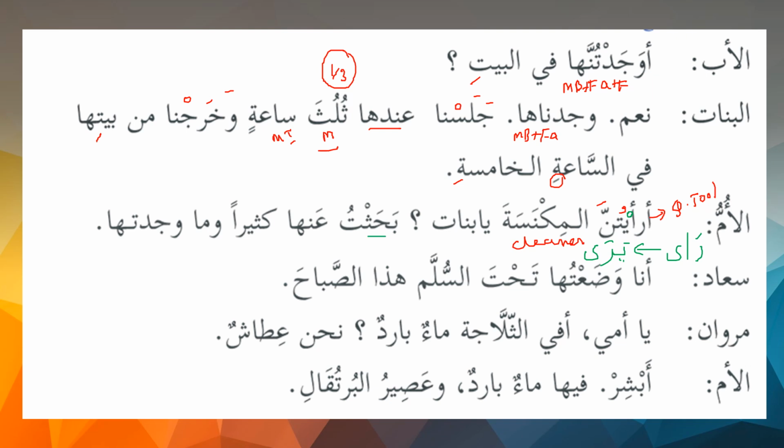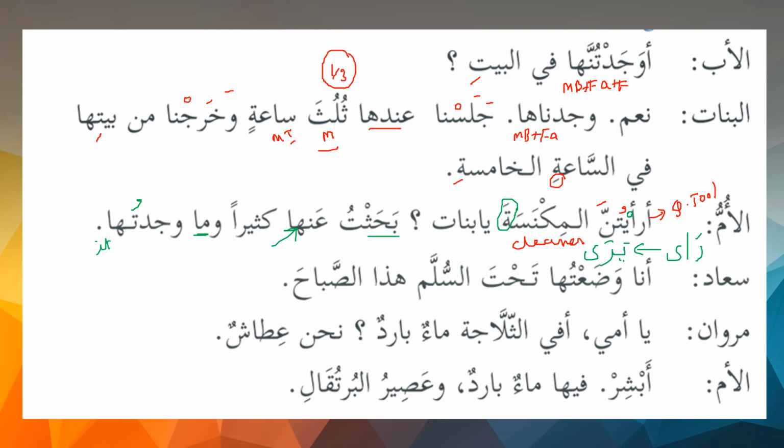Bahathtu means to search. I searched, and this is the past tense, so you will translate it as I searched. Anha means I searched the cleaner. Miknasata, it's feminine, so that's why the ha damir is coming. Kathiran, I searched too much. Wama wajadtuha, and I did not find it.